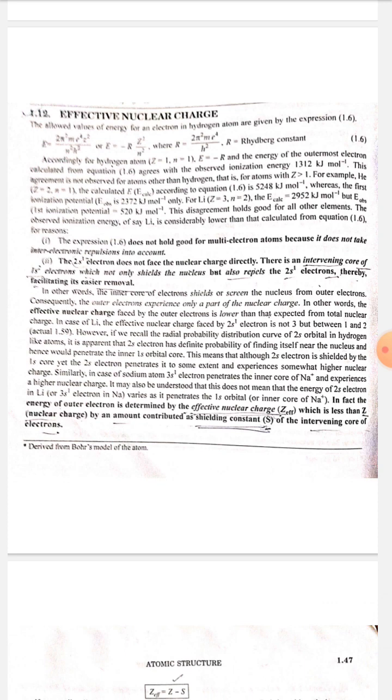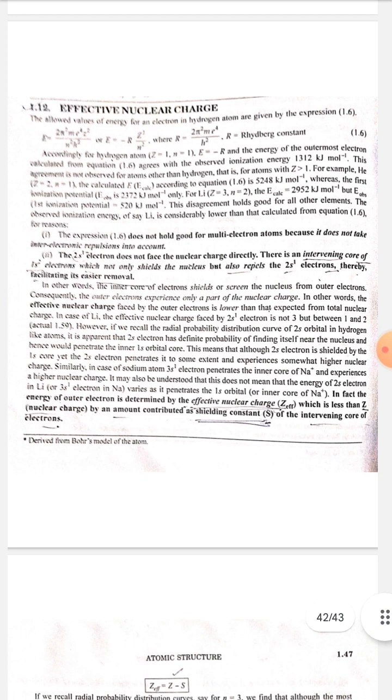Number 2. The 2s¹ electron does not face the nuclear charge directly. There is an intervening core of 1s² electrons which not only shield the nucleus but also repel the 2s¹ electron, thereby facilitating its easier removal. In other words, the inner core of electrons shields or screens the nucleus from the outermost electron.